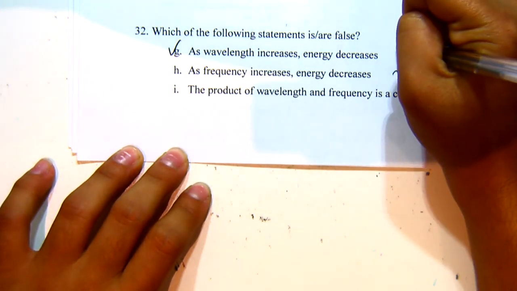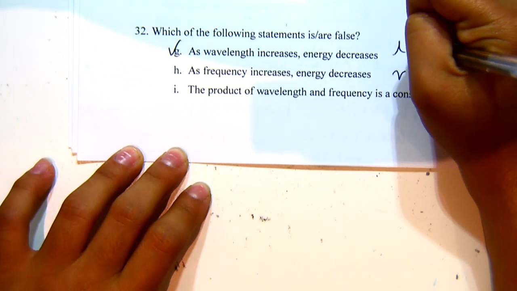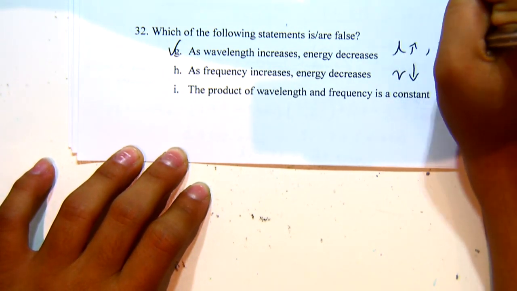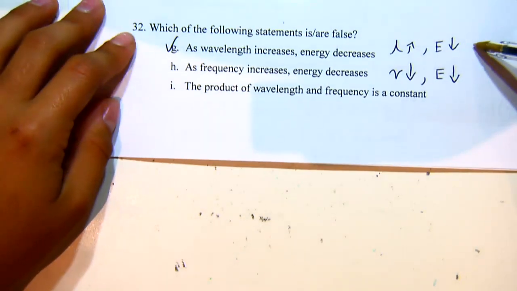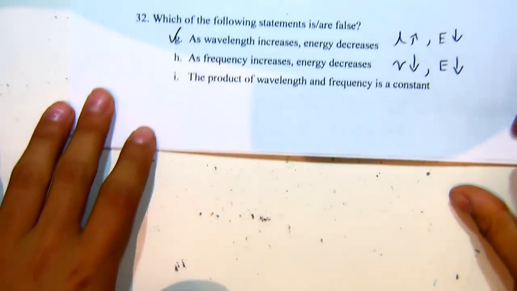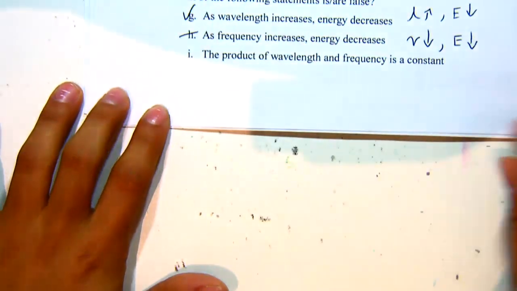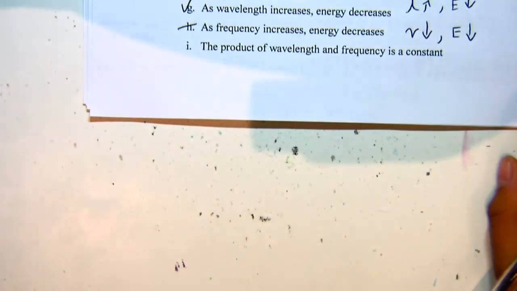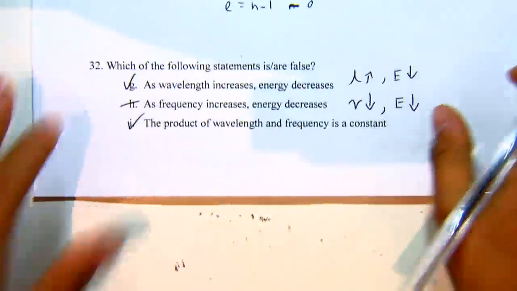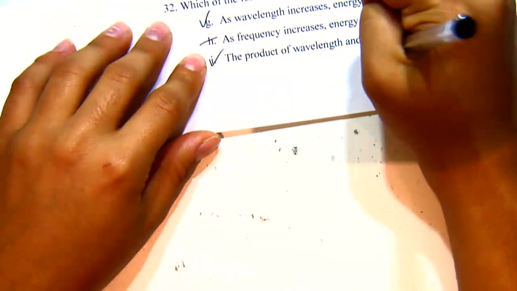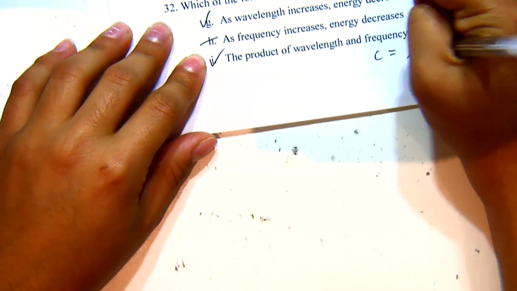So we know frequency and energy are direct, and wavelength and energy are inverse. The product of wavelength and frequency is a constant. Is that true? Yes, it is true, that's c equals wavelength times frequency.